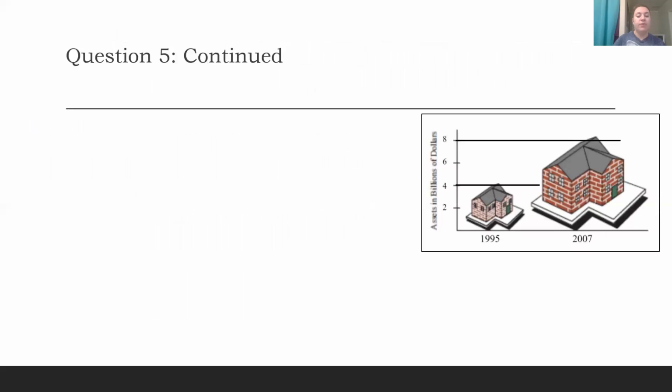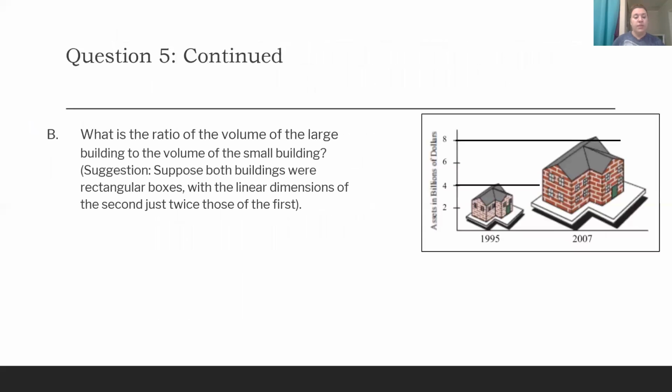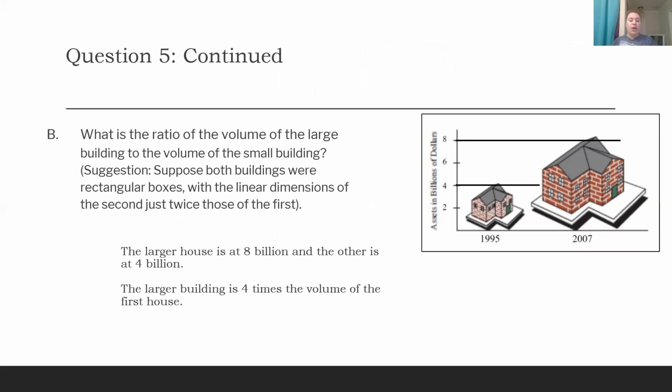So now question 5 continued. What is the ratio of the volume of the large building to the volume of the small building? Suppose both buildings were rectangular boxes with the linear dimensions of the second just twice those of the first. So pretty much this is what we could say here. The larger house is at 8 billion and the other is at 4 billion.